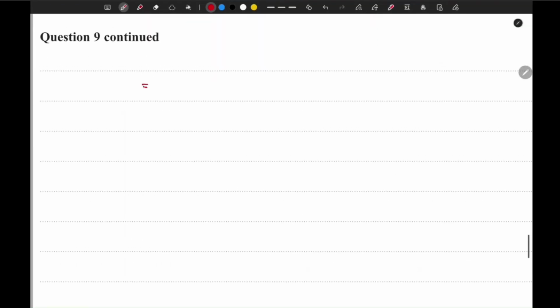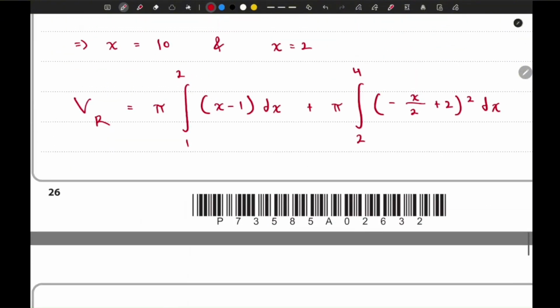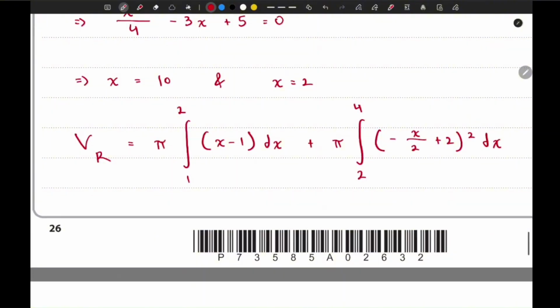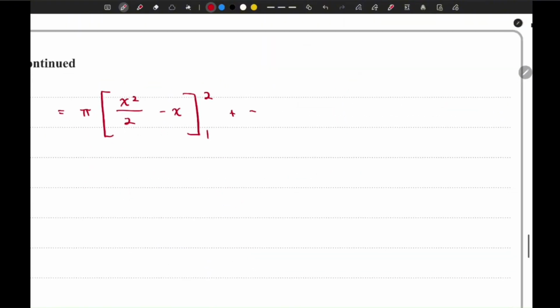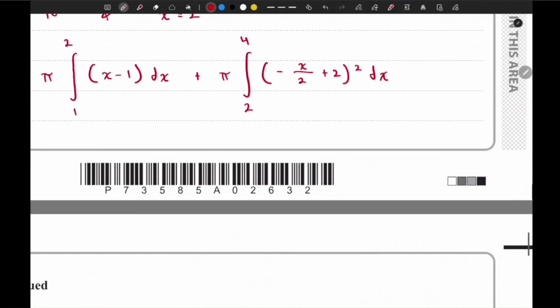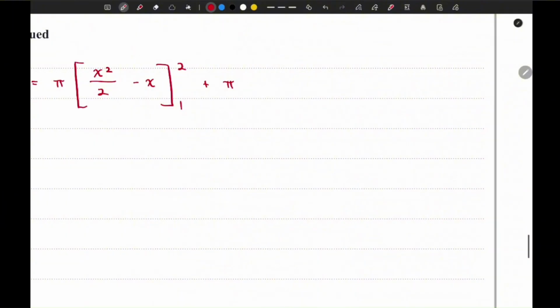So let's calculate this. Integration of x minus 1 will be x squared divided by 2 minus x from 1 to 2. And for the second integral, okay, we cannot integrate this directly. We first need to expand this.